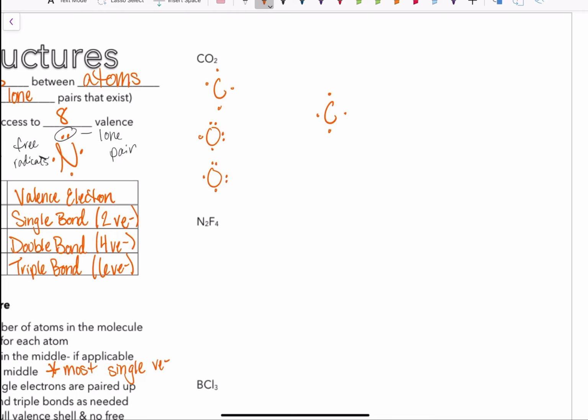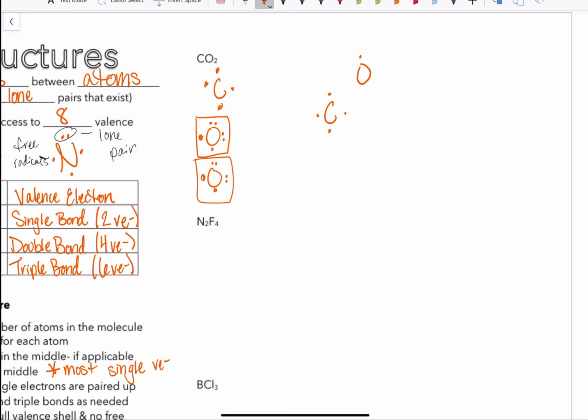We only have 2 oxygens, but each of the oxygens has 2 single dots, which means between those 2, we have a total of 4 single dots. And if we look at carbon, it has a total of 4 single dots. So we are going to take this oxygen and move it up here, and we're going to take this oxygen and move it over here, but rearranging the dots so that it matches up a little bit better.